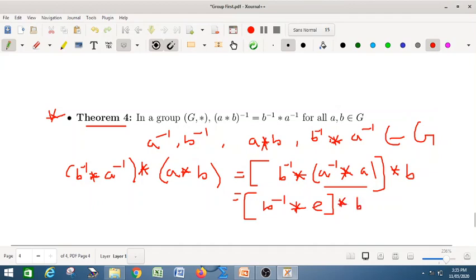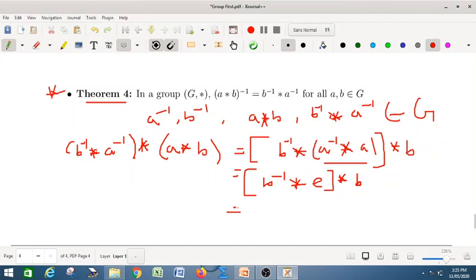So B composition E, the identity element exists and there is exactly one identity element. So this is again B inverse composition B, which is equal to E. So we prove that B inverse composition A inverse, composition A composition B whole, equals E, the identity.